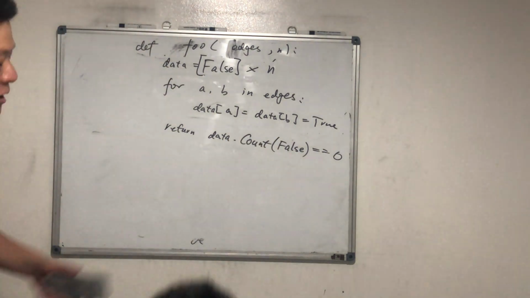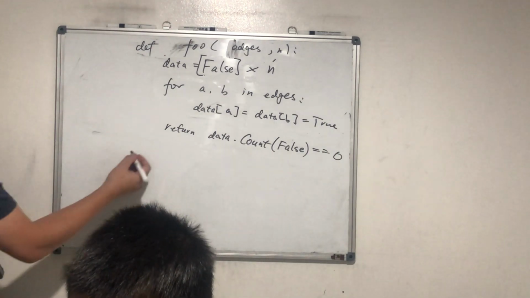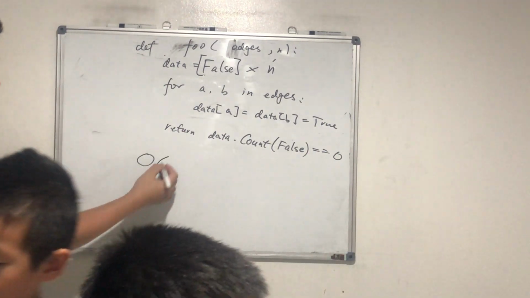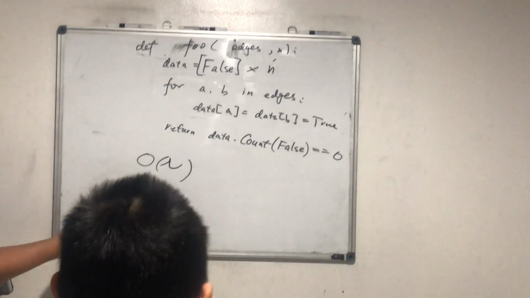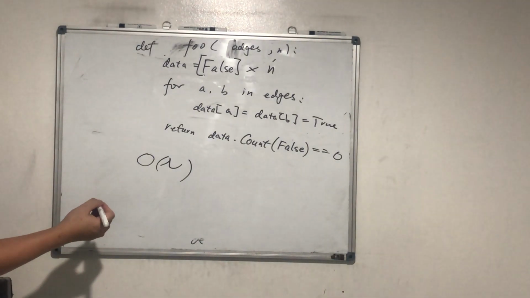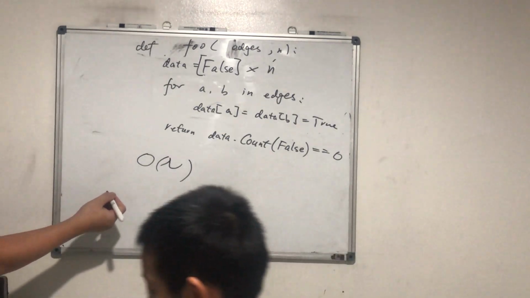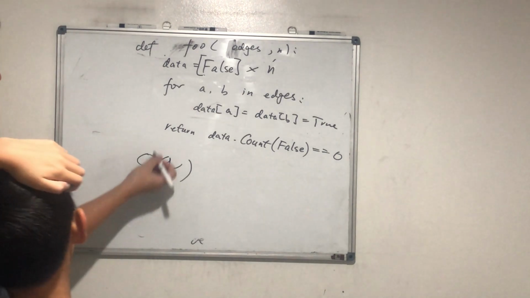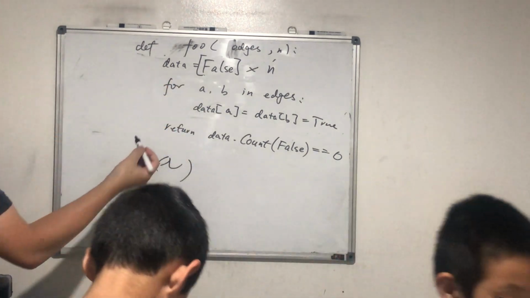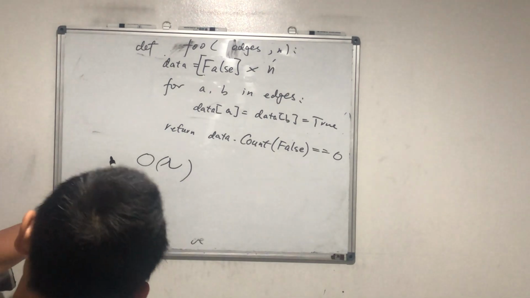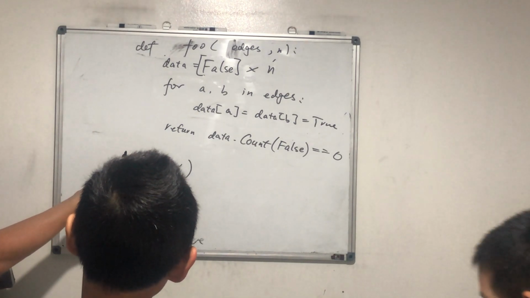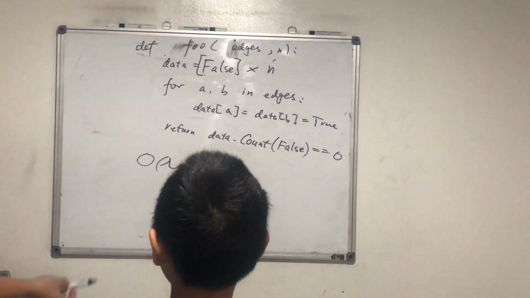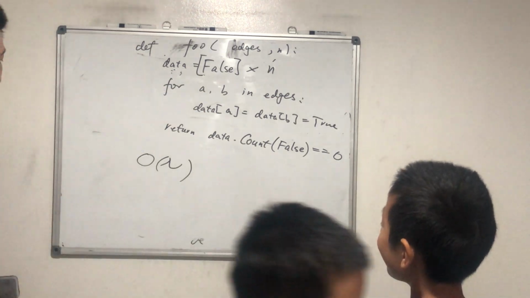Got it? What's the time complexity? O(n). What's the space complexity? Come on, are we using any space here? No. So it's O(1).